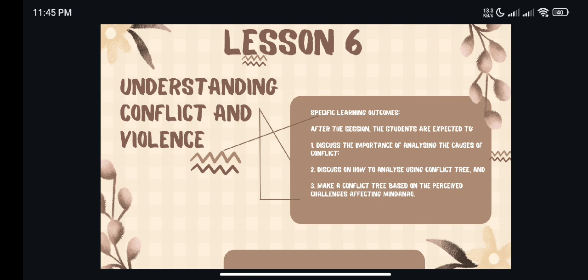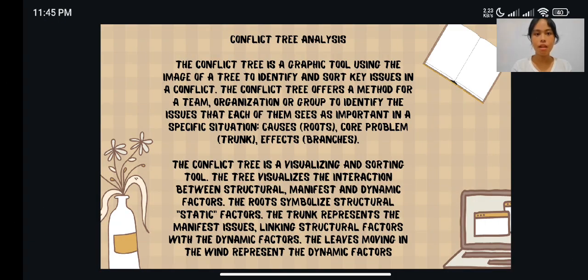Lesson 6: Understanding Conflict and Violence. Now, let's discuss what conflict tree analysis is. The conflict tree is a graphic tool using the image of a tree to identify and sort key issues in a conflict.